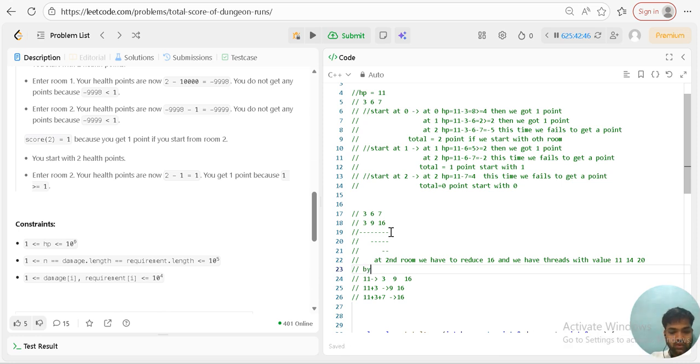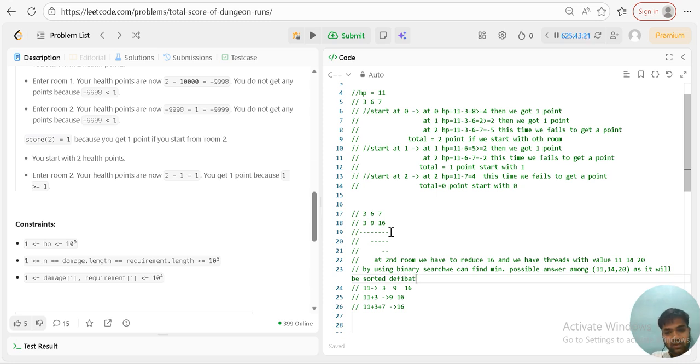So by using binary search we can find the minimum possible answer among 11, 14, 20, as it will be sorted.